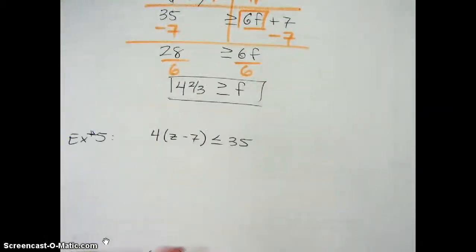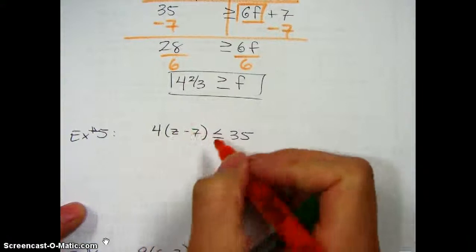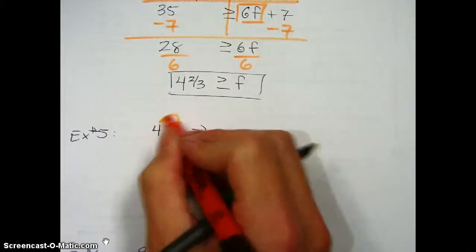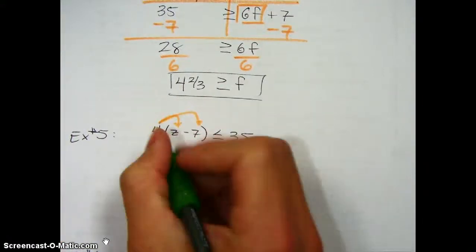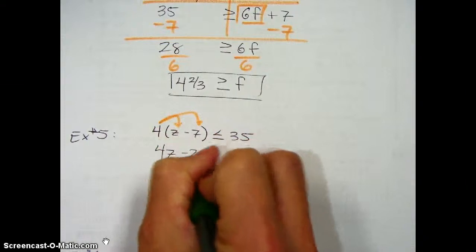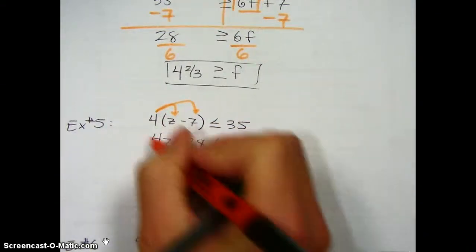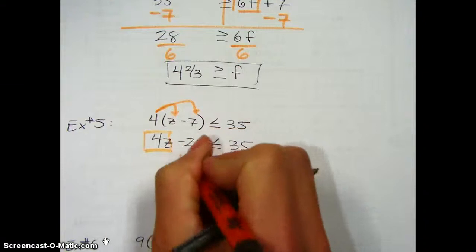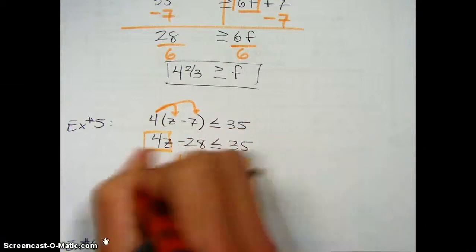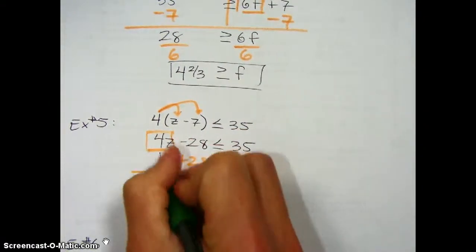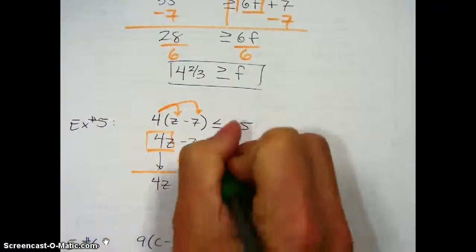Alright, let's take a look at a couple more examples here. What happens when I have a parenthesis? Well, I distribute. When I see the parentheses, I distribute. So I get 4z minus 28 is less than or equal to 35. Now this just looks like the problems that we did before. You can add 28 to both sides of the inequality. 4z comes down.